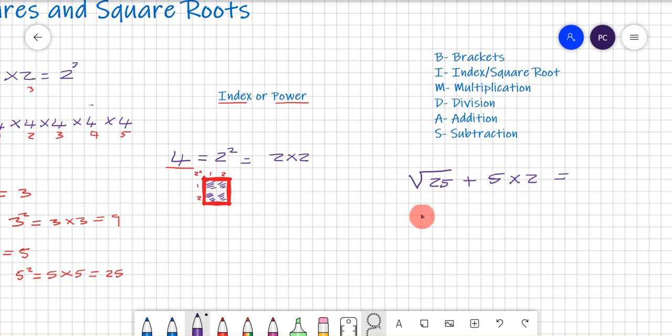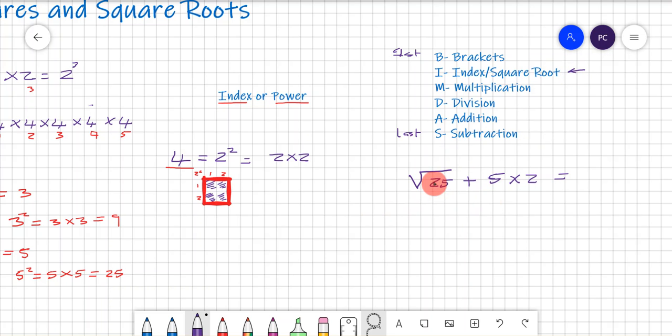So for example, if we look at this problem here, we have addition, so let's say this has to be done last.